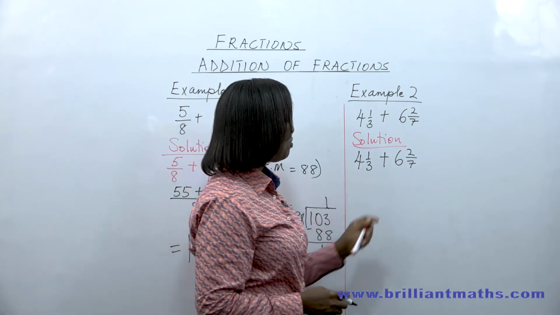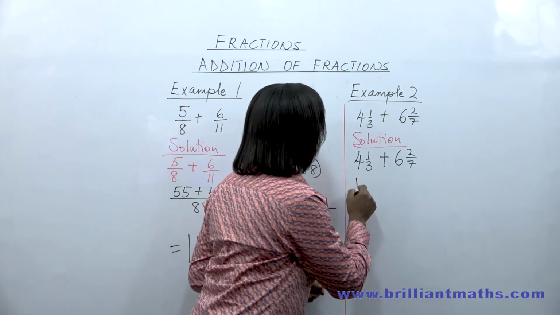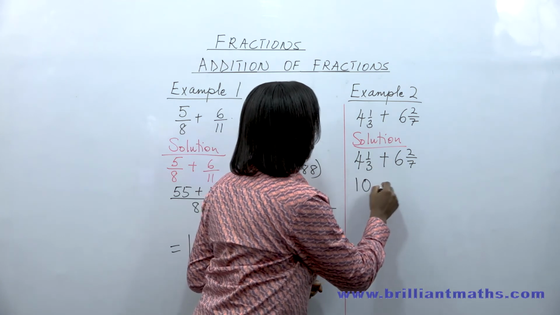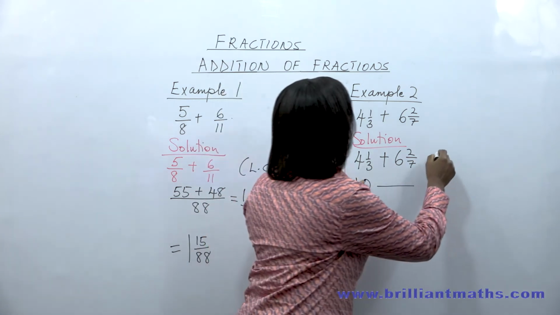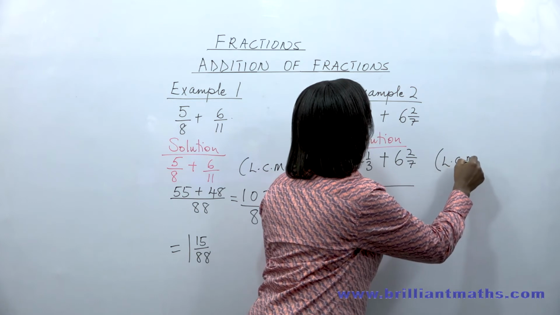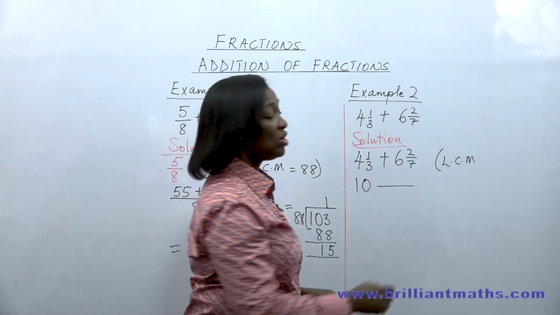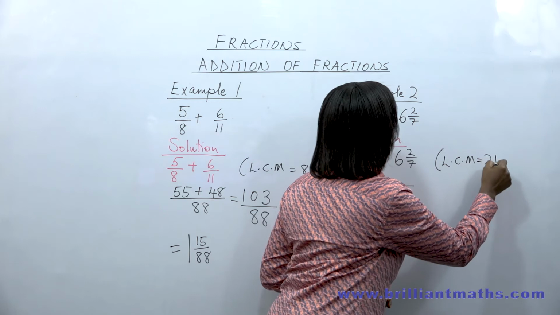In the second example, we have 4 1/3 plus 6 2/7. You add the whole number part together, 4 plus 6, which is 10. And then we have to find the LCM of 3 and 7, which is 21.